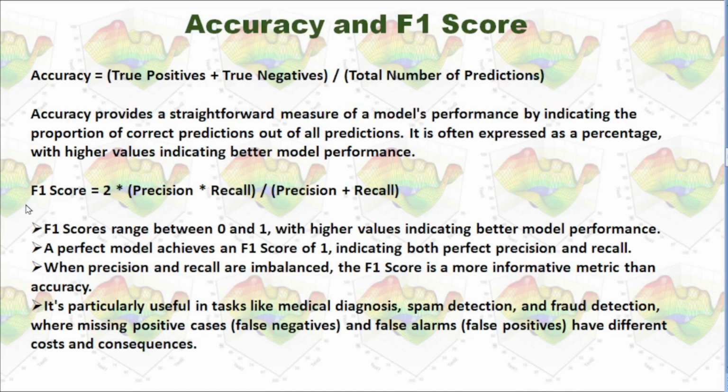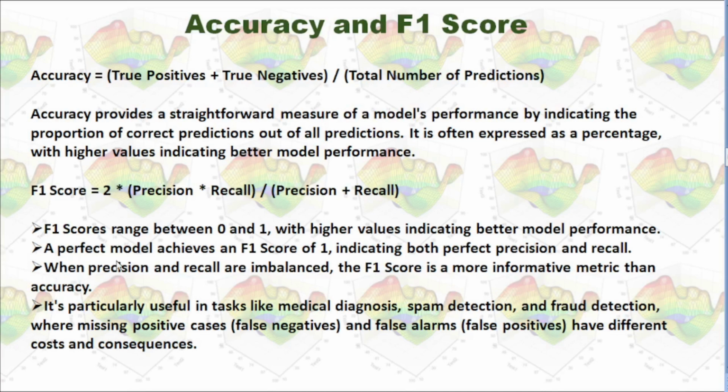Lastly, we have F1 score. F1 score equals 2 times precision times recall divided by the sum of precision plus recall. F1 scores range between 0 and 1, with higher values indicating better model performance.